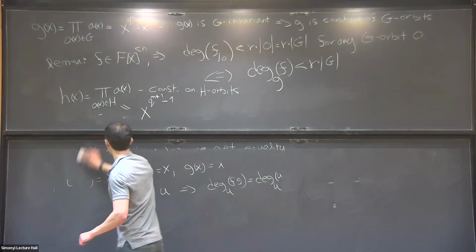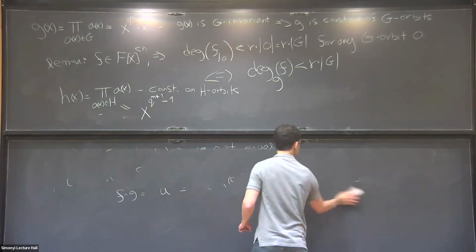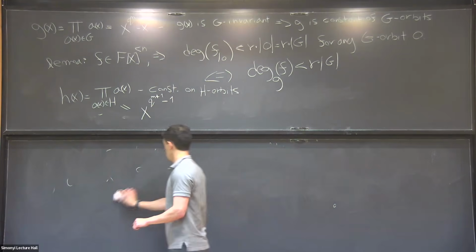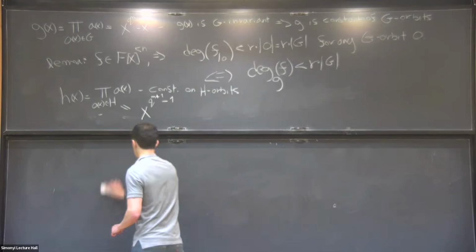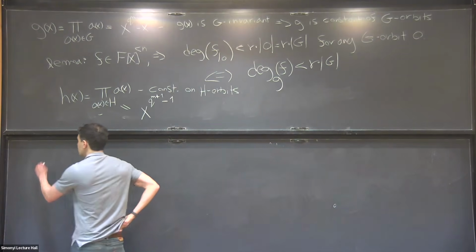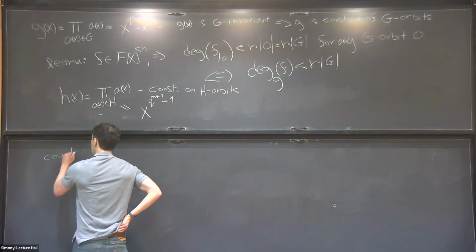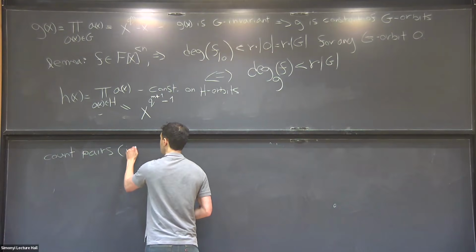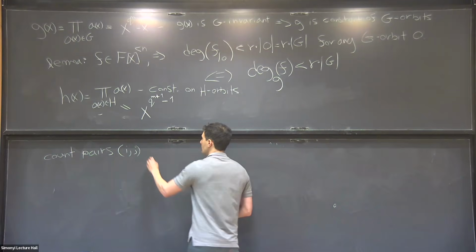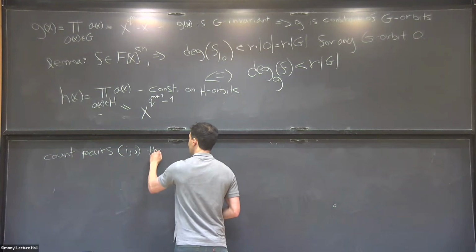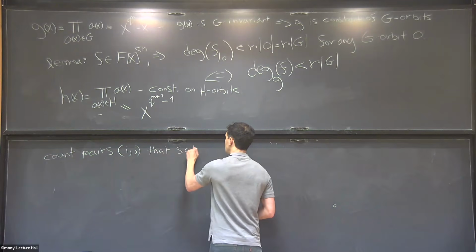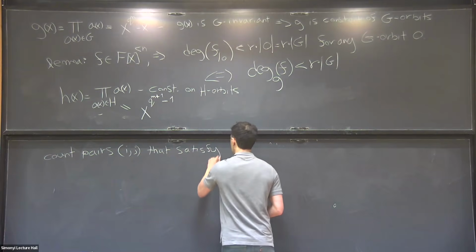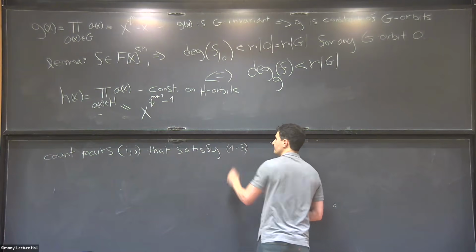So all in all, everything boils down to counting pairs i and j that satisfy constraints 1 up to 3.